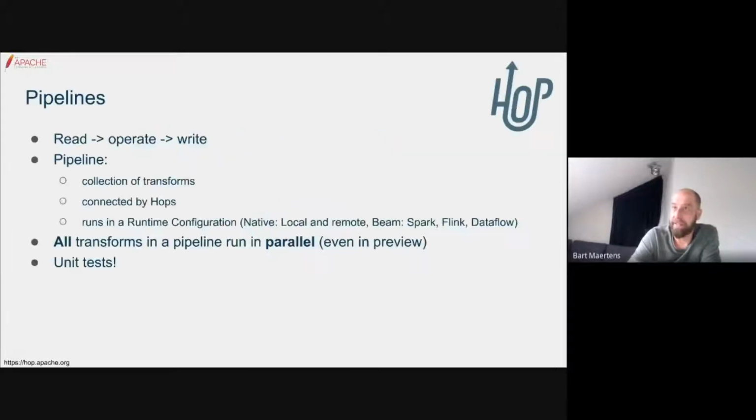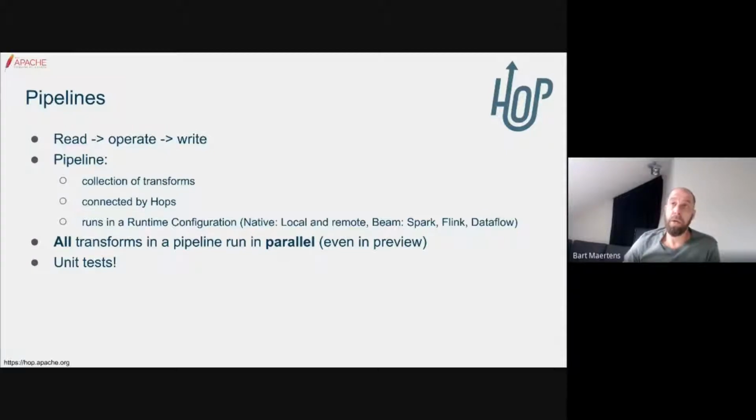So pipelines. First of all, the pipelines in HOP, and if you have a background in Kettle and Pentaho data integration, it's similar to what a transformation is or was there. A pipeline is where you do the heavy data lifting.